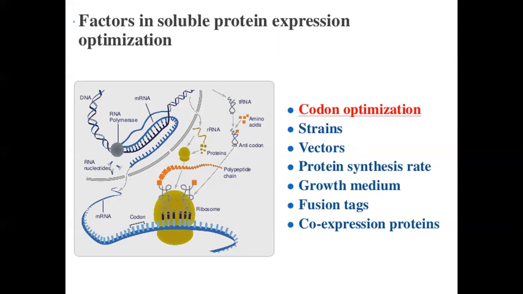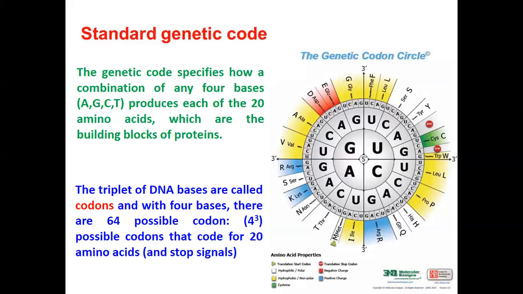But the main topic of my lecture is codon optimization, so we will continue with that. So the standard genetic code. What is the standard genetic code? Basically, we're talking about proteins, and proteins consist of amino acids.